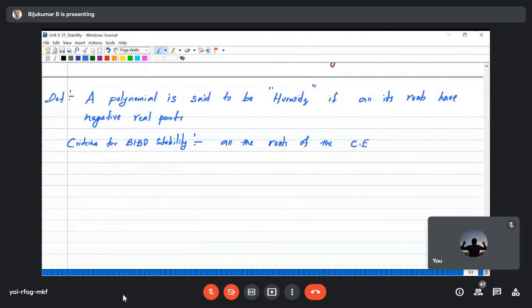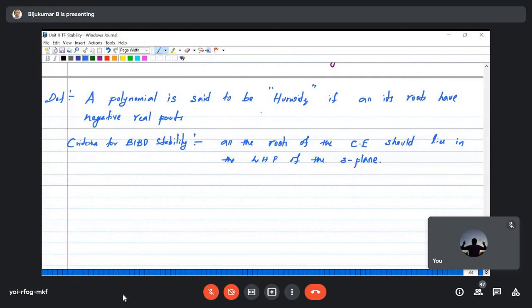Okay, I am writing it short, C equals characteristic equation or characteristic polynomial. All the roots of this characteristic equation should lie in the LHP of the S-plane, right?